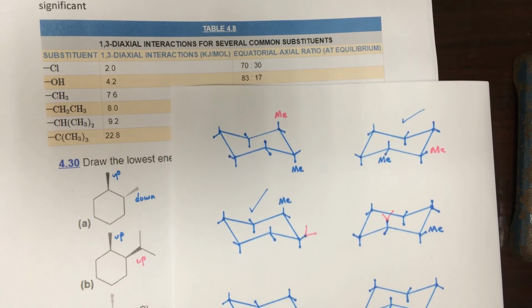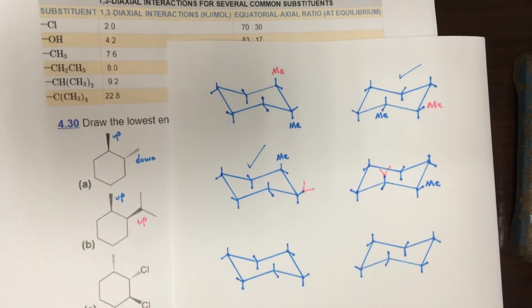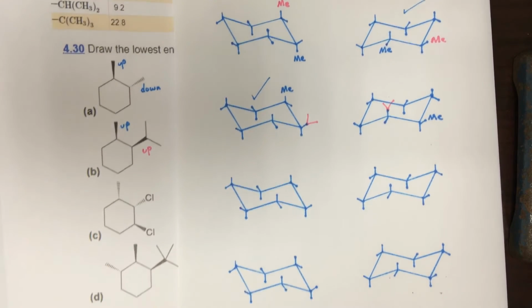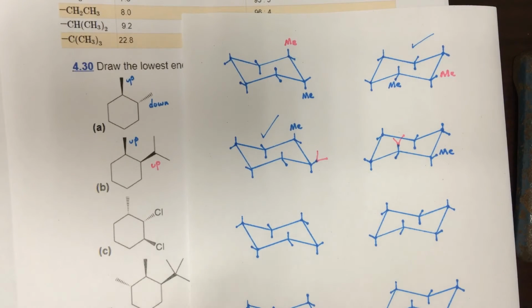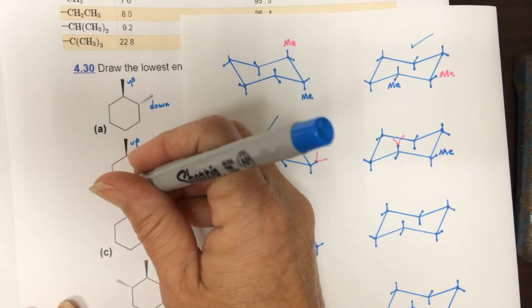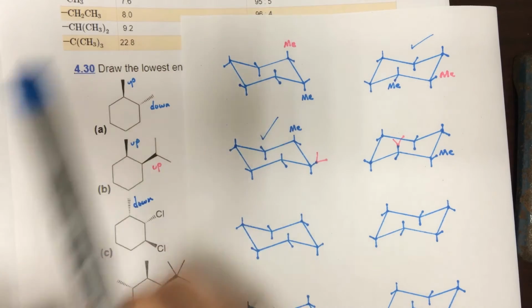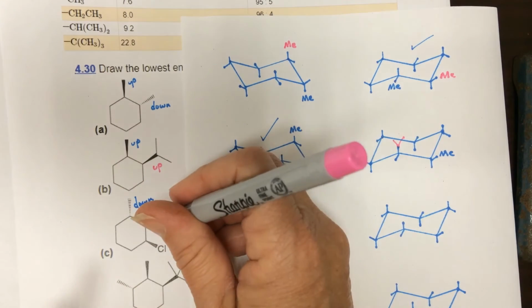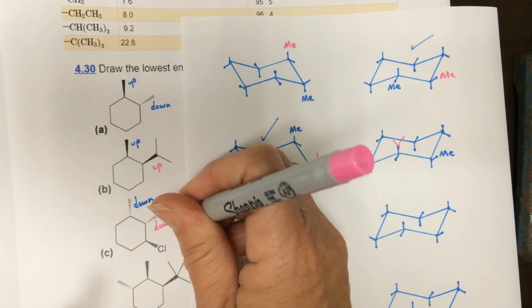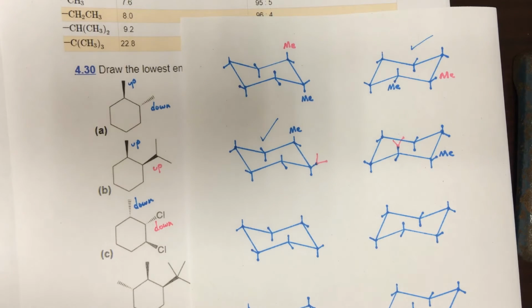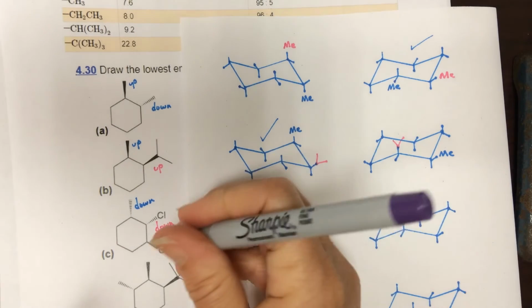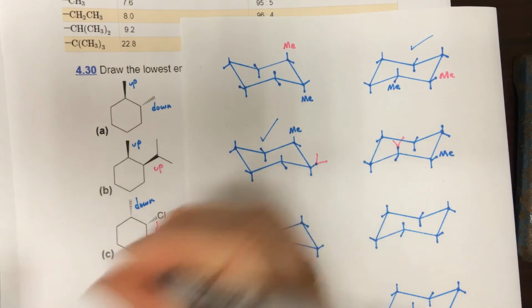Okay, so now I'm going to have to get out 3 colors. So we've got a methyl that's down. We've got a chlorine that's down. And we've got a chlorine that's up, and we'll do it in purple.